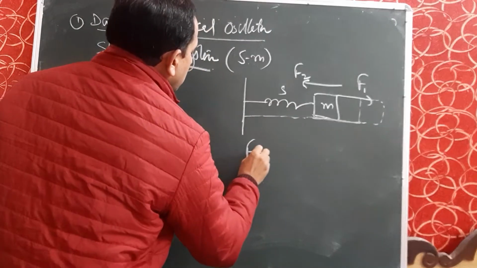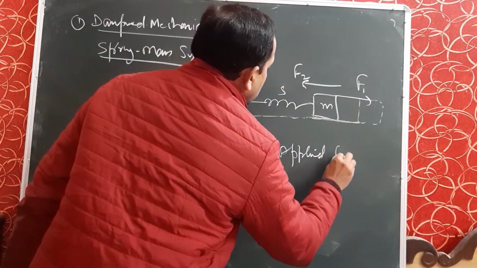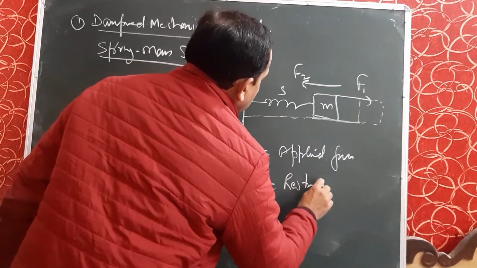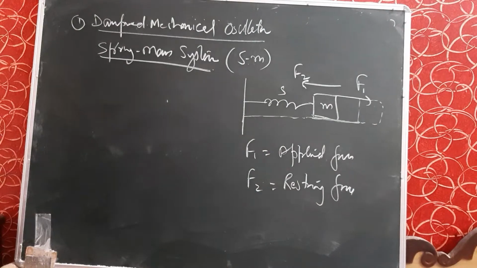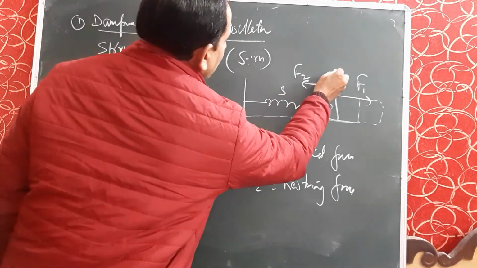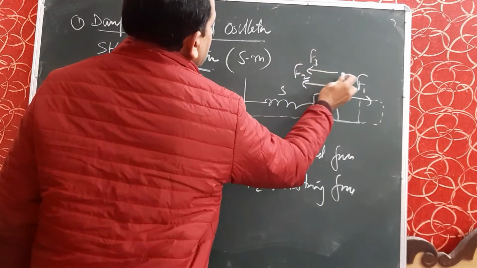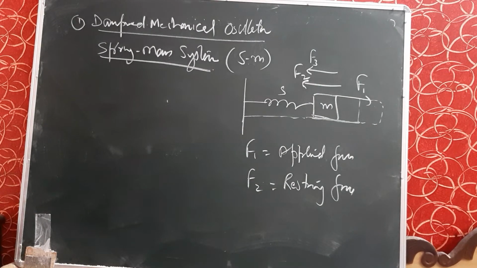So, F1 is the applied force and F2 is called the restoring force. If you consider the damping factor in this case, then a new or additional force F3 is also applicable on this system, which is due to air friction.